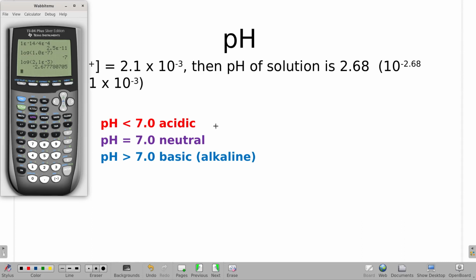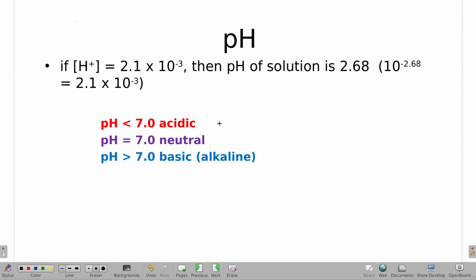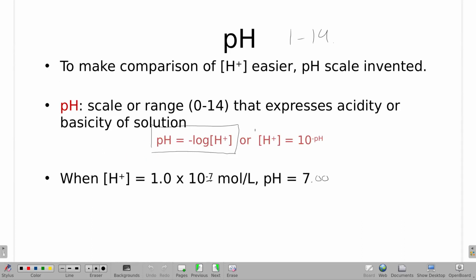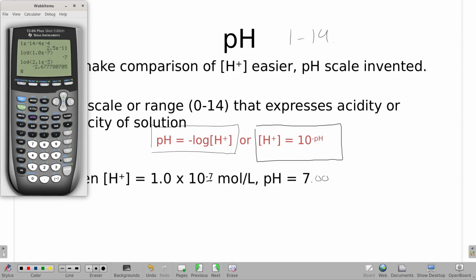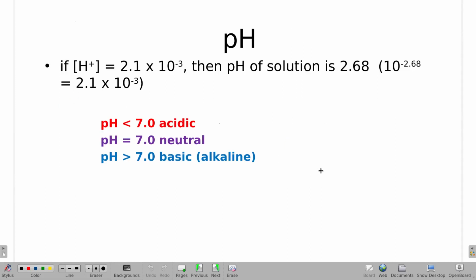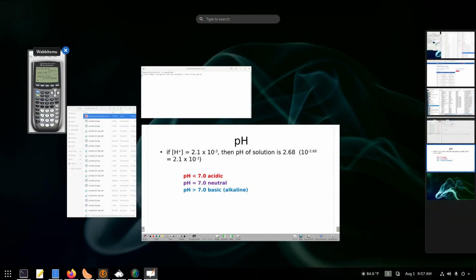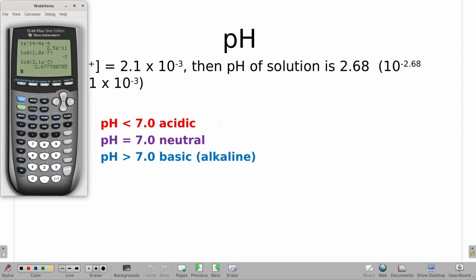Now, if I ever need to convert pH back to an H3O concentration, we use this nice little equation. H3O is 10 to the negative pH. Now, that comes in handy on your calculator. So, if the pH is 2.68, on my calculator, I'll put in, so see on my calculator it has log buttons right there, and the secondary function is 10 to the x.